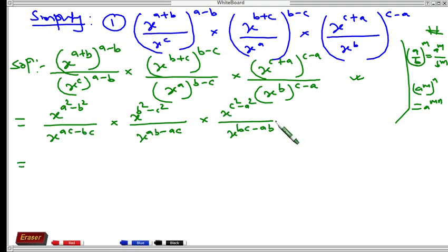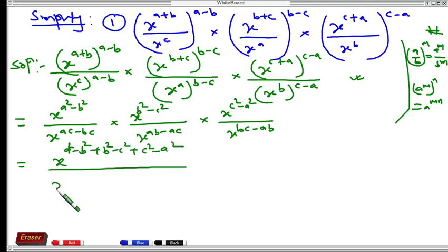So in the product, from the numerator you can simply take x and add the powers: a square minus b square plus b square minus c square plus c square minus a square, whole over x to the power ac minus bc plus ab minus ac plus bc minus ab.